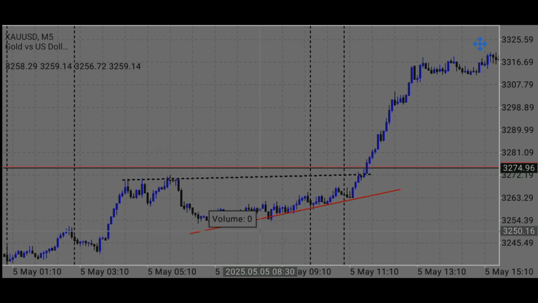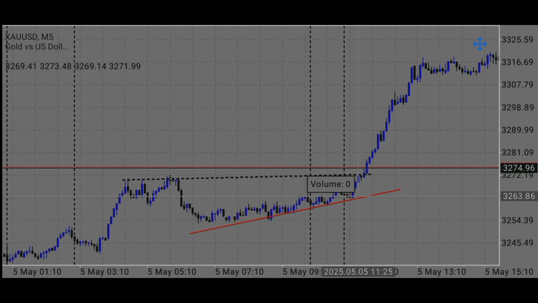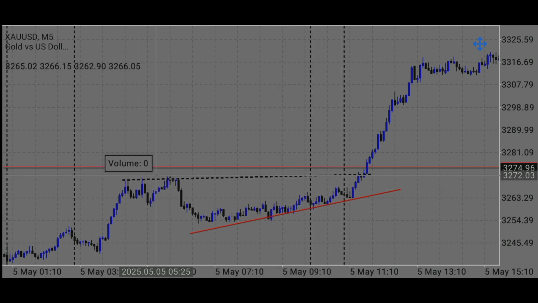But this was a trend line liquidity. It came out a different way. It didn't start for us, but still, if we had caught the thing, we would have done it. So it was a trend line liquidity, and this was a buy side liquidity of the Asian session.